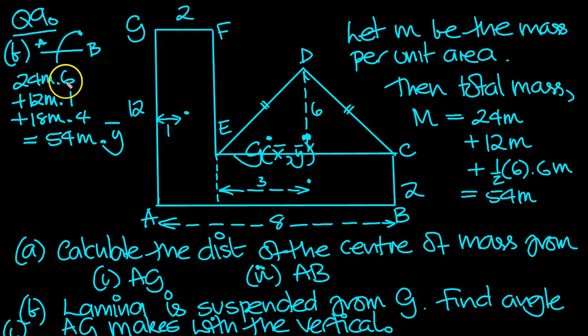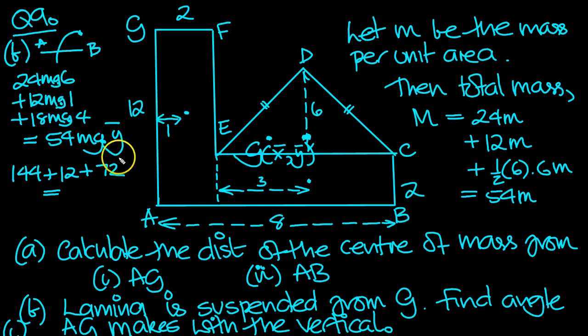So we've got 24 times 6, 6 20s are 120, 144. So it's 144 plus 12. 4 18s are 72. Tap it in the calculator if you need to. Is equal to, and I've cancelled the mg's all the way through. That was an mg there. This is an mg, mg and mg.